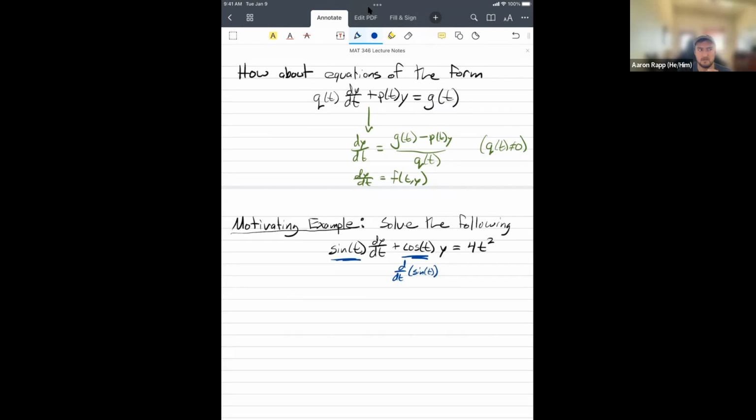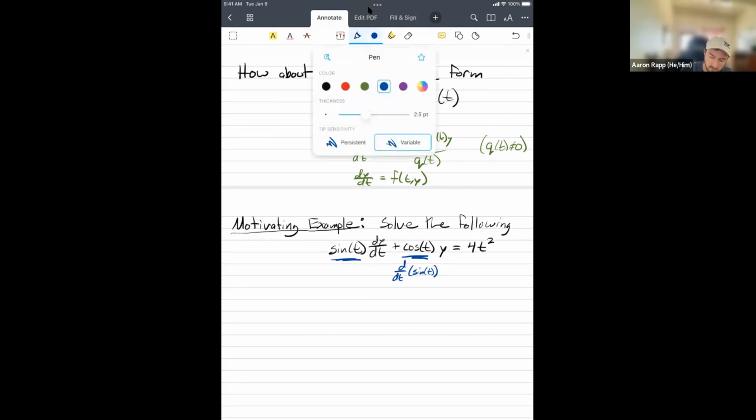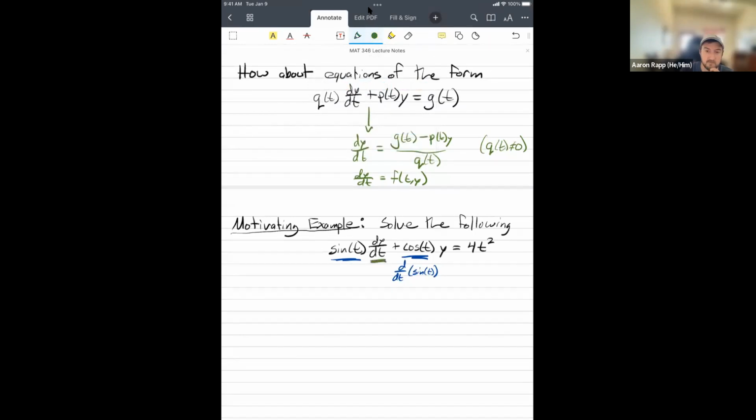Well, then also look here. I have the derivative of y, but then y. So when I think about what I see on that left-hand side right there, I have a function times one derivative. So I have sine times the derivative of y, but then I'm multiplying that by the derivative of sine times y.